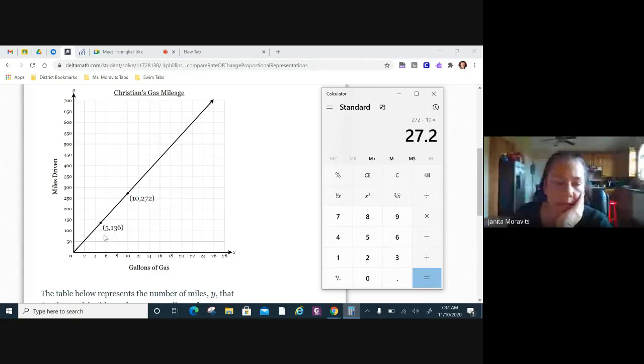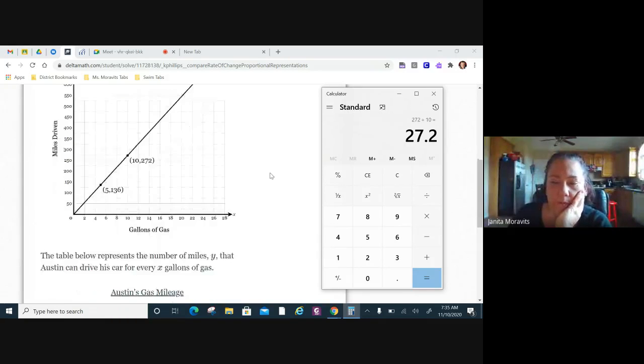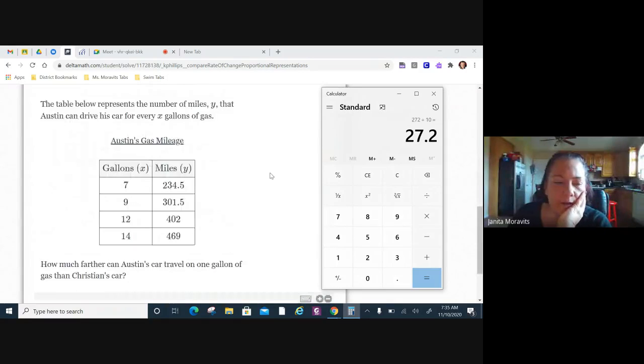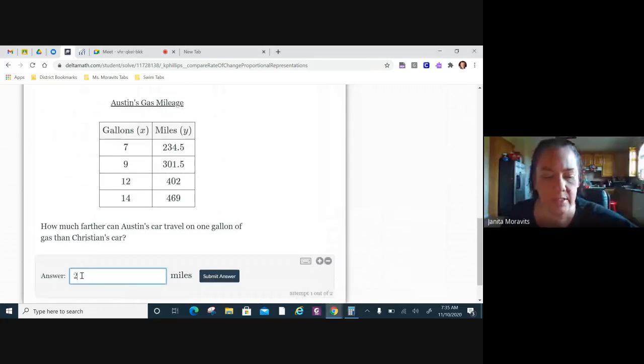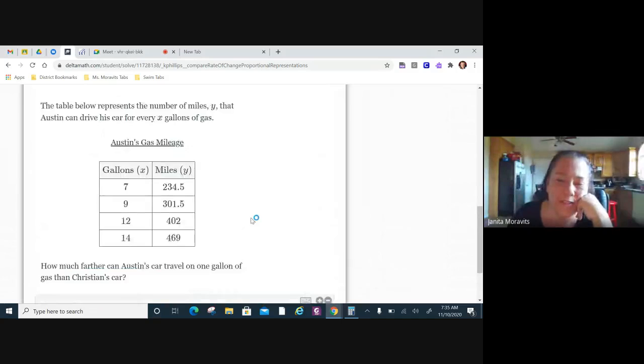If you want to check it, you can do the 136 divided by 5, but we're not going to do that because I'm going to tell you it's definitely 27.2. So we're going to remember 27.2. And if you want to make a little note of it down here, we know that Christian's is 27.2, and then we'll figure out Austin's, and then we'll go back and fix that.